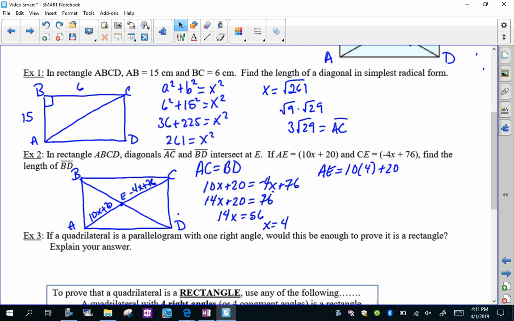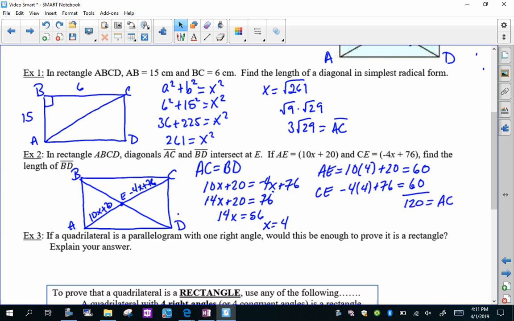That's going to give you 60. And then guess what CE should equal? All right, so I'm going to get negative 4 times 4 plus 76, and that equals 60. So that whole distance of AC is 120.